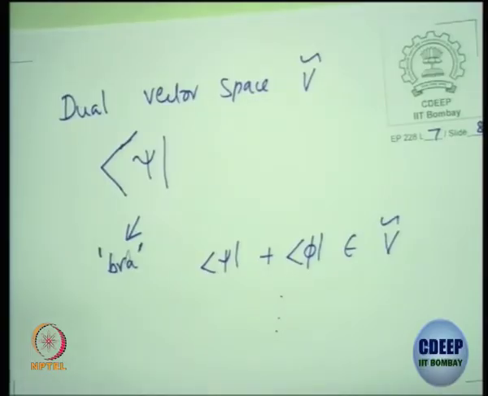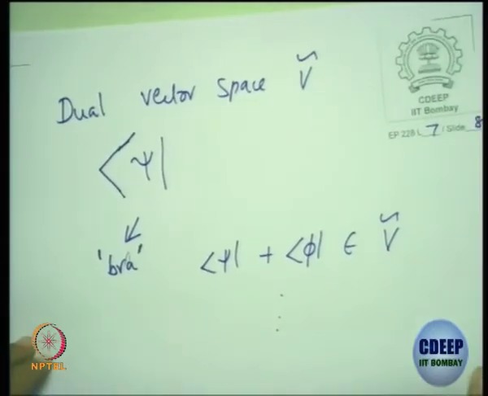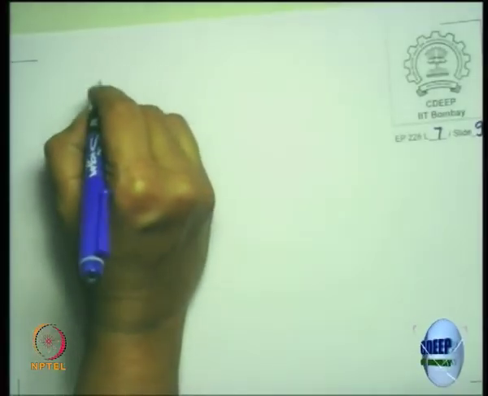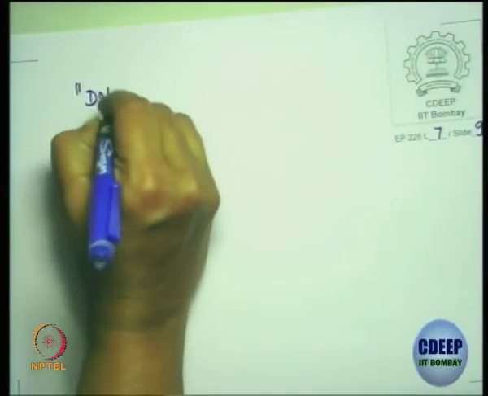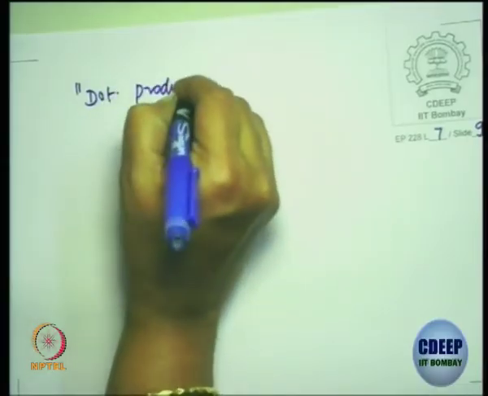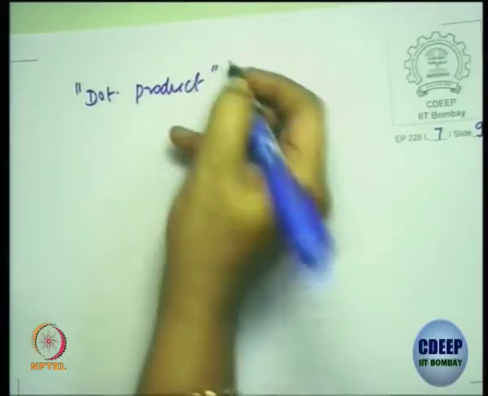So, why have we introduced this notation? With this notation we can define an inner product, the quote unquote dot product which we studied in R3.